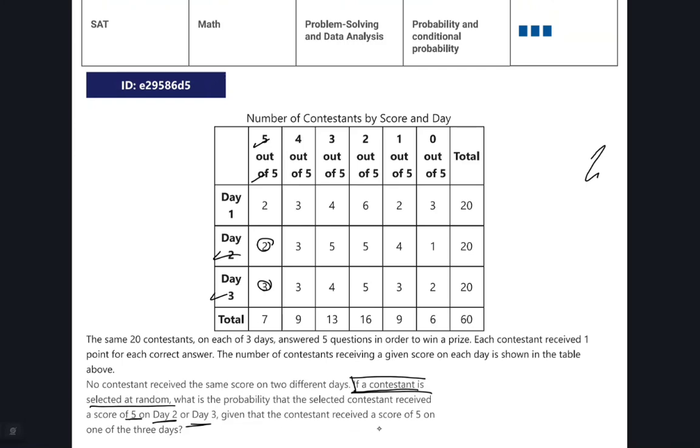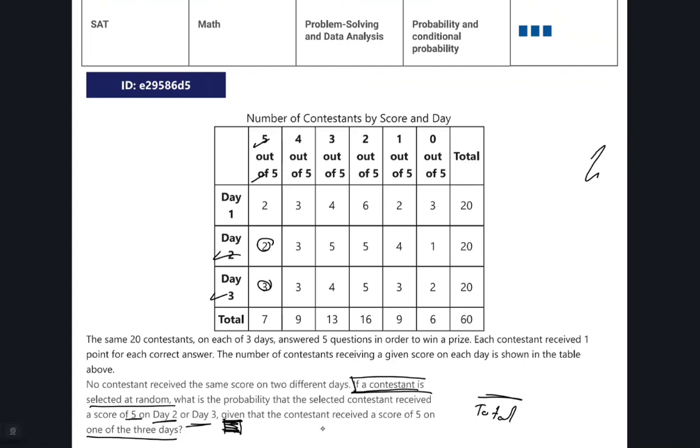And it says that, given that the contestant received a score of 5 on one of the 3 days. Since he gave you the words "given that," you can know directly that this is going to be the total number of possible outcomes, which we have discussed earlier.